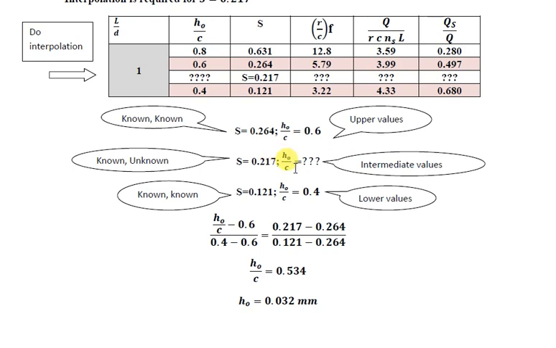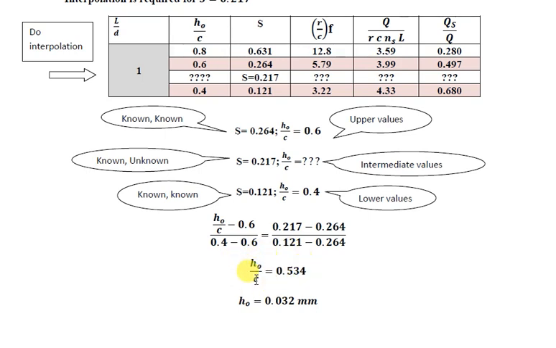So what we are doing? We are doing the unknown value, means intermediate value, minus upper value divided by lower value minus upper value for H0 upon C ratios is equal to the intermediate known value minus upper value, lower value minus upper value. Hence only one equation, one unknown, we can calculate this one.